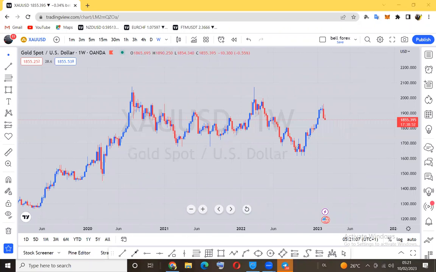The current main wave for gold is this guy. So what is the previous wave for gold? The previous wave for gold was this one. So investigating the current wave in relation to the previous wave can give us a trade entry possibility.